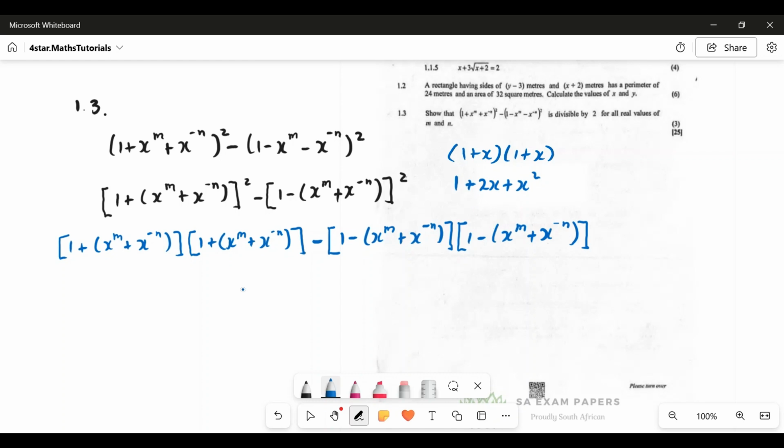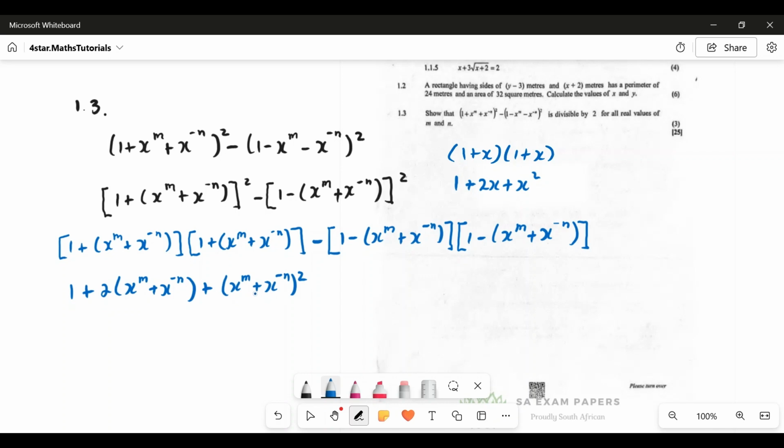So same thing as this one. Here, the answer is going to be 1 plus 2 into x to the exponent of m plus x to the exponent of negative n, plus x to the exponent of m plus x to the exponent of negative n, squared.